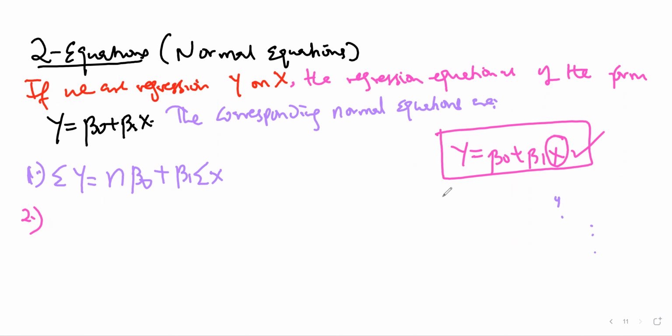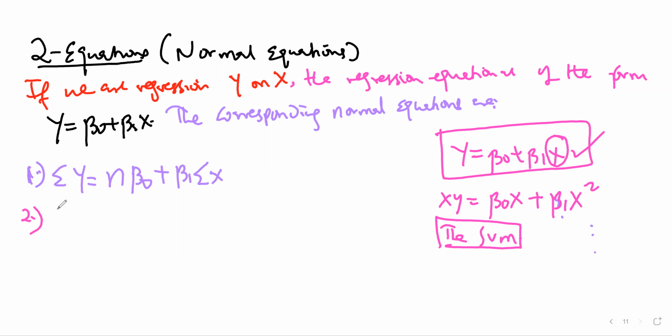So you'll end up with xy is equal to beta naught x plus beta 1 x squared. Then you sum. You take x, the independent variable, multiply everywhere by x. Then you sum every term of the resulting equation.